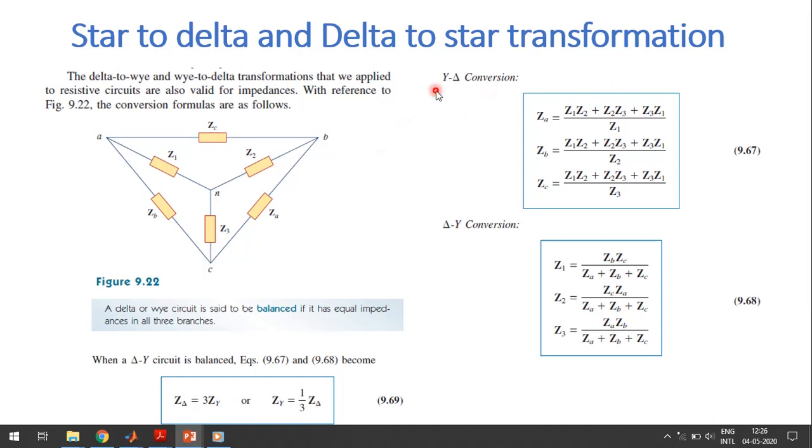So let us first consider the star to delta conversion. What does it mean? A star circuit is given, and we have to convert it into a delta circuit. So here impedances Z1, Z2 and Z3 are given. We have to find out what is ZA, ZB and ZC.